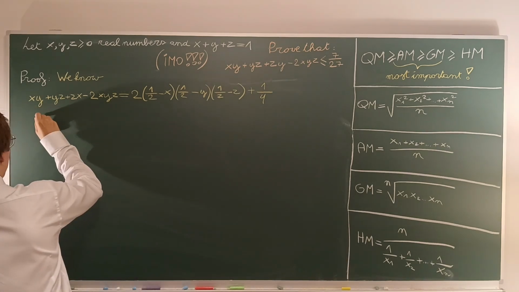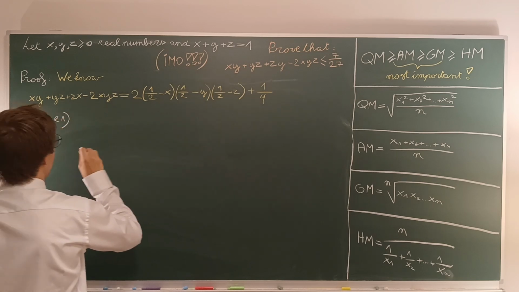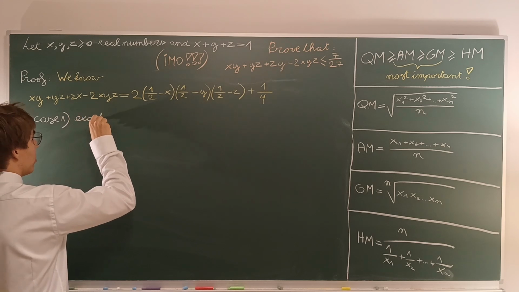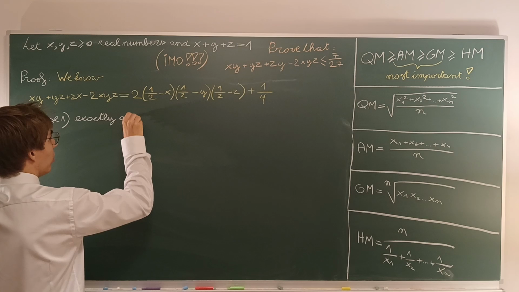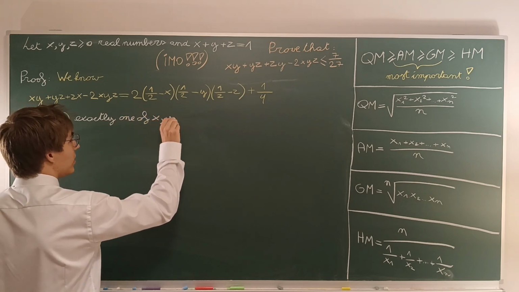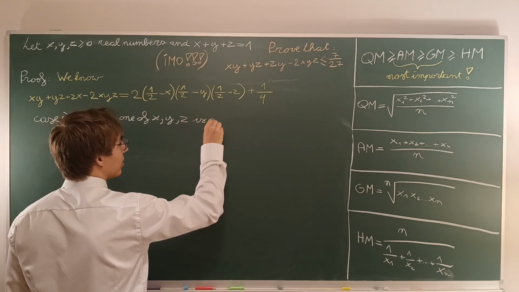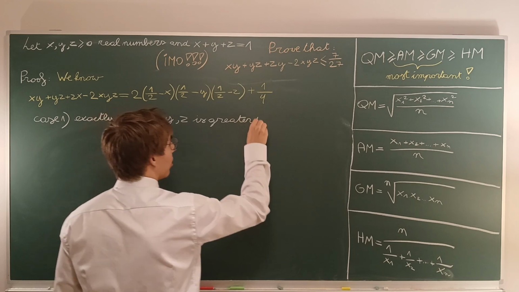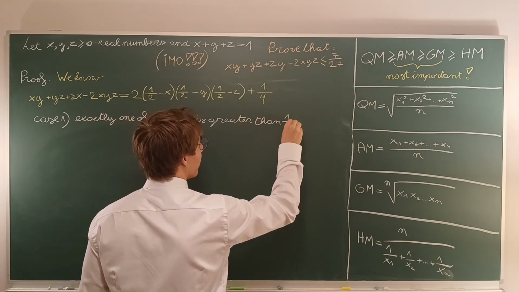So, case 1 is that exactly one of x, y, z is greater than 1/2.